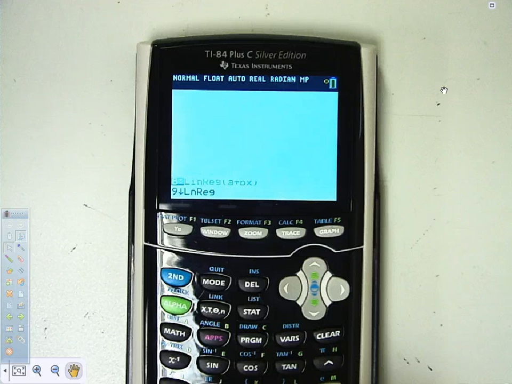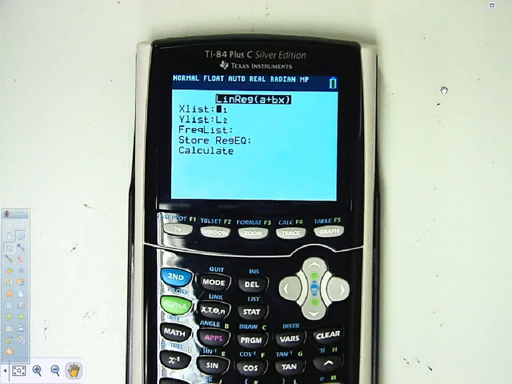But if you hit enter, on your 83s, you may just be looking at LinReg with parentheses. I'm not sure. Maybe you have the same menu, but it's like anything else. What the calculator wants is where is your X list first? Mine's in list 1. That's my ice cream sales. And then it wants to know where your shark attack list is, your response.